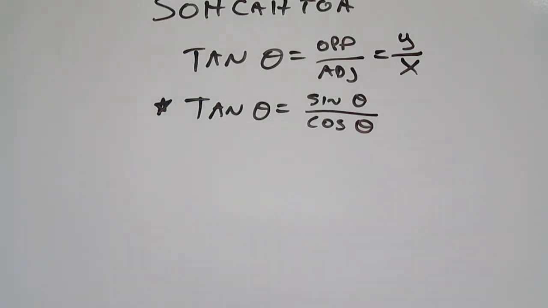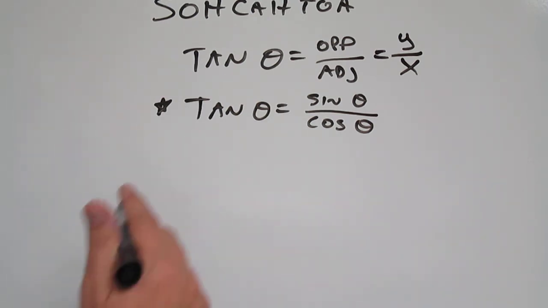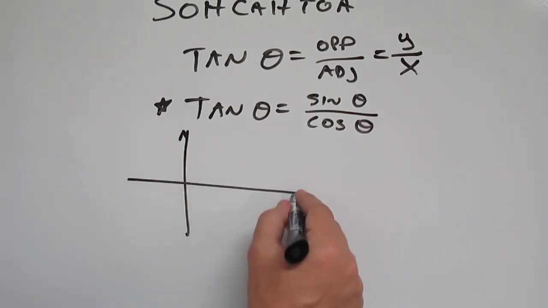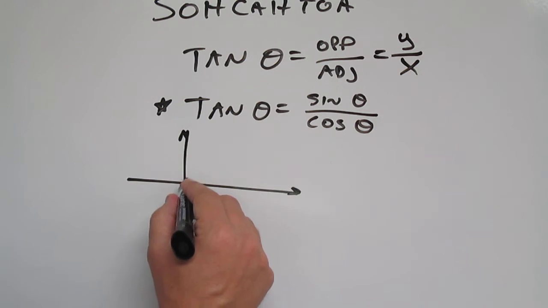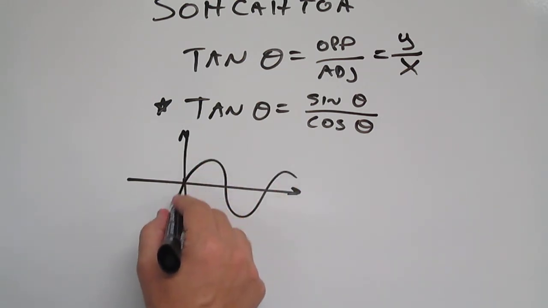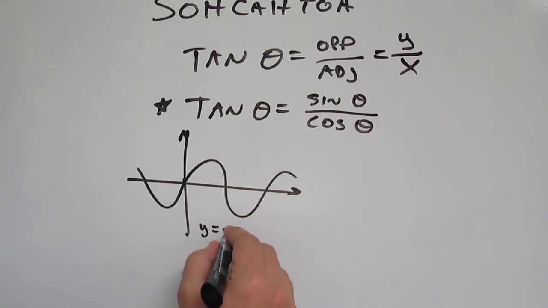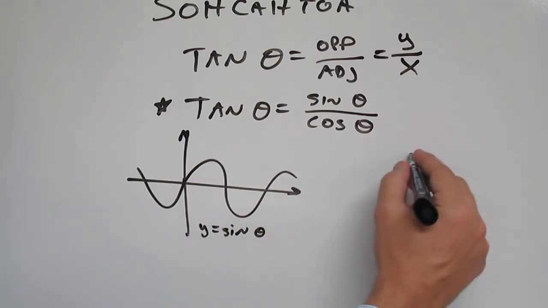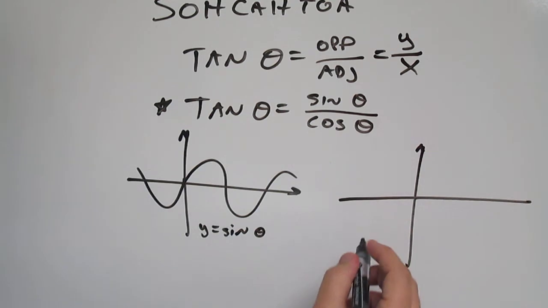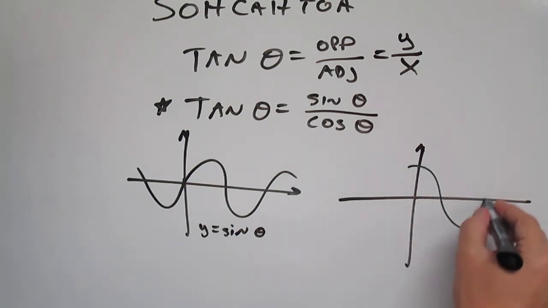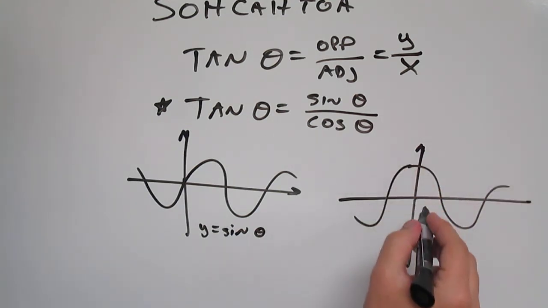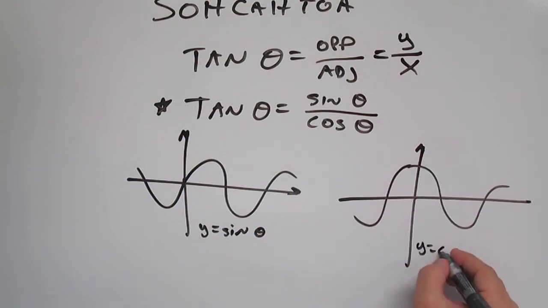All right, if we think about tangent in terms of sine and cosine, then it's really helpful to think of what the graph of sine is going to look like. It's kind of looking like this, right? So this is y equals sine theta, and we have y equals cosine theta.